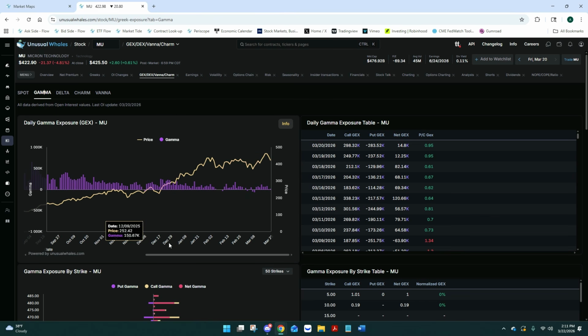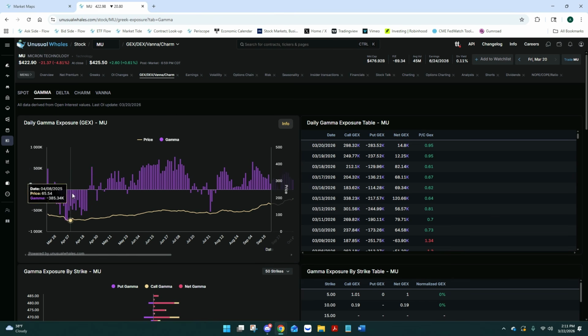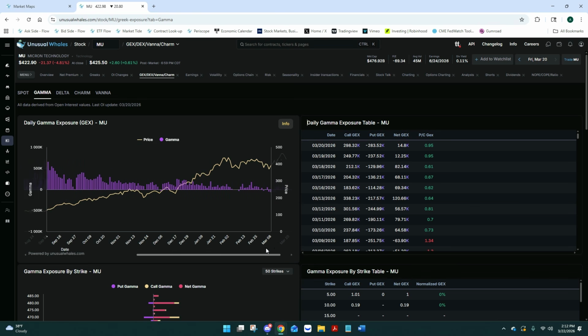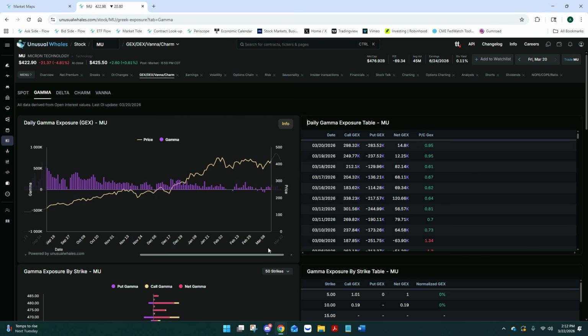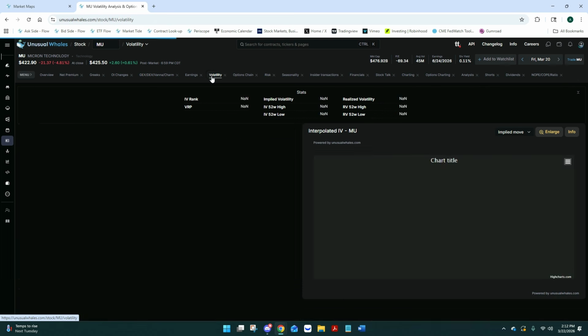I'm looking for, again, this is very similar to the net call premiums. You see the big drops in gamma and then you see the big spikes. Price will tend to eventually, quote unquote, fill those gaps. It doesn't always happen, but price tends to gravitate towards those levels. So I would be looking for price to gravitate down here as well. And you can also look at that IV rank here.